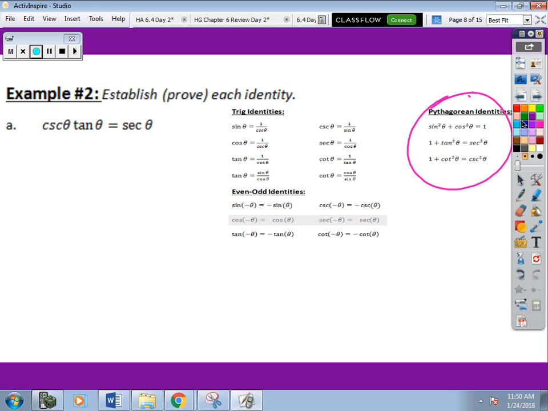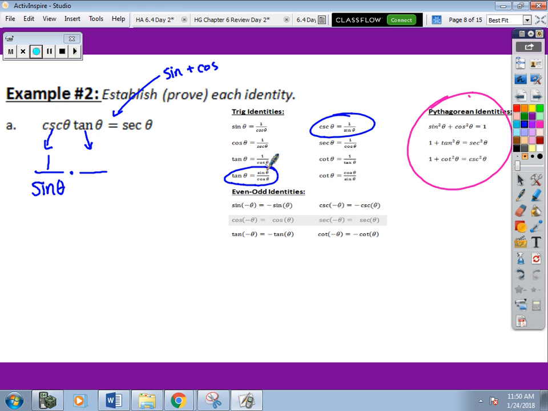So, again, I suggest, like what we did on the front, change everything to sine and cosine. Okay, so cosecant, that's 1 over sine. So let's change this to be 1 over sine. Tangent has two options, but again, you want to pick the one that has the sines and cosines in it.